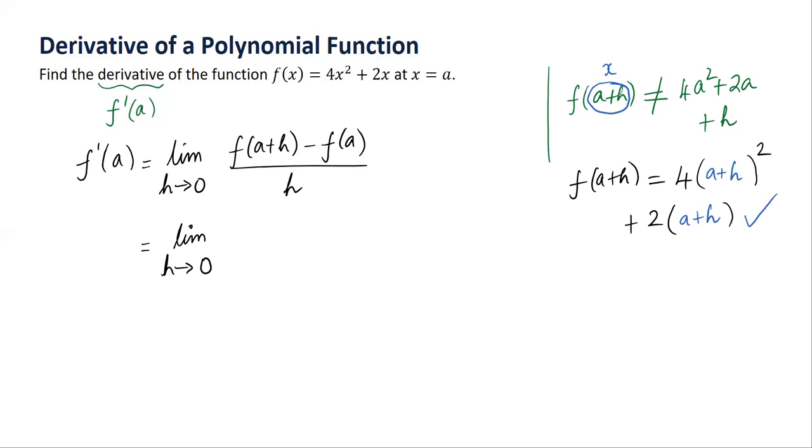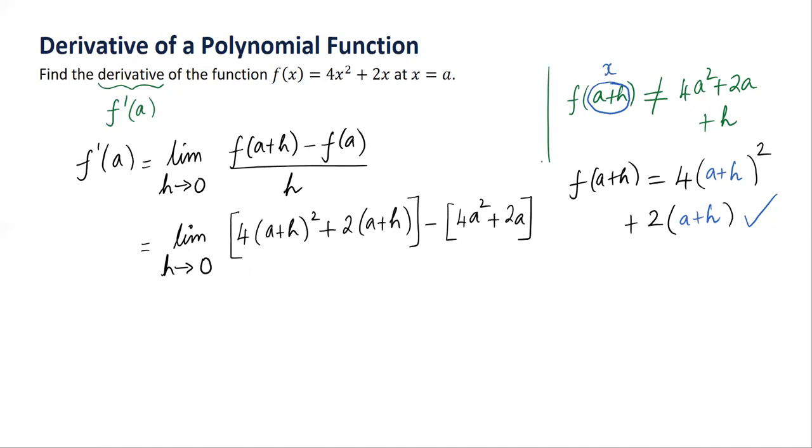This is crucial. Okay, so 4 times a plus h, the whole squared, plus 2 times a plus h, minus f of a. So now your x is replaced with an a. So 4a squared plus 2a, all over h.